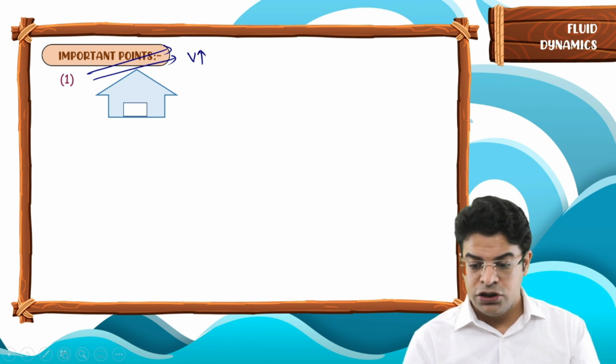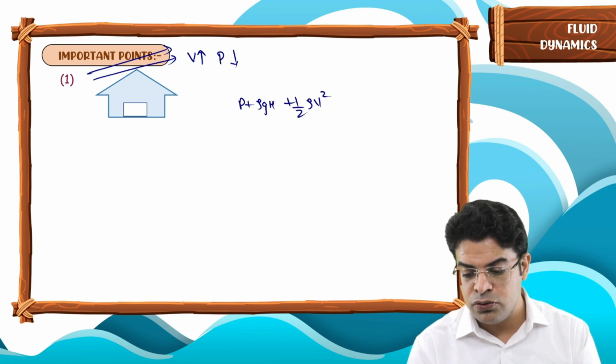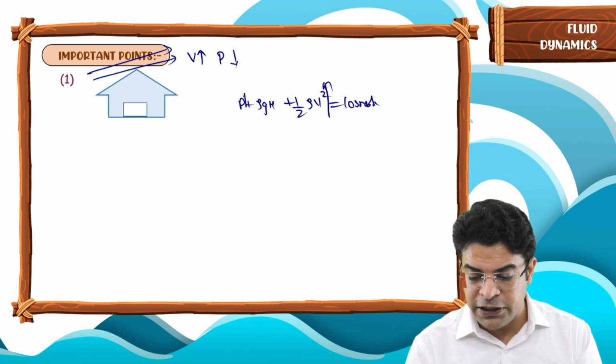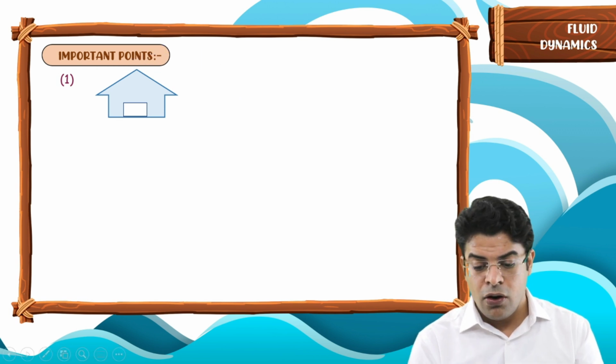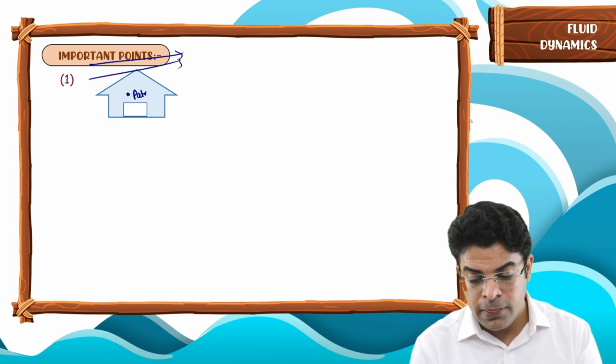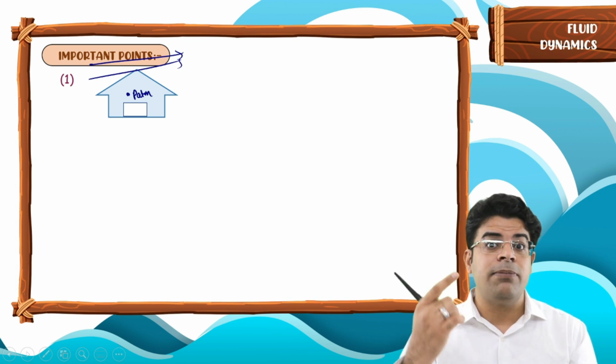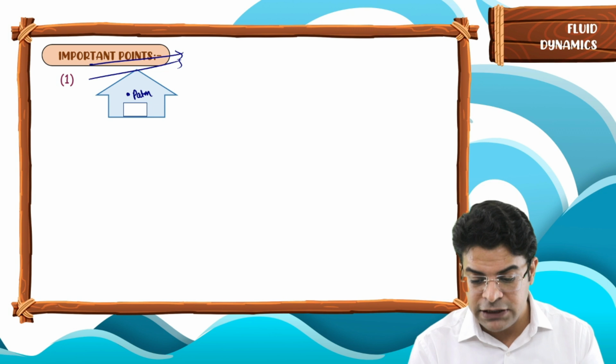So the pressure will decrease, as P plus rho gh plus half rho v square equals constant. As the velocity increases, the pressure decreases. So on a windy day, the pressure inside the hut is P atm. But since for the outside air the velocity has increased, the pressure has decreased. So outside pressure is less than P atm.